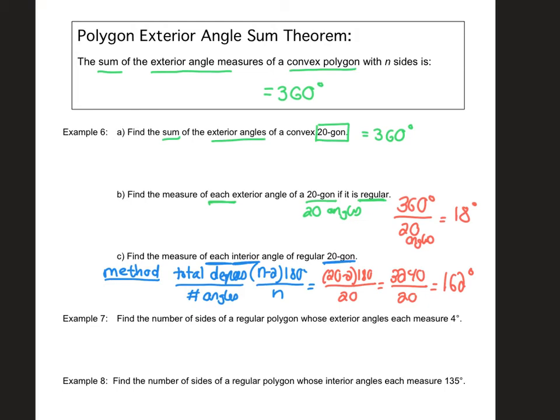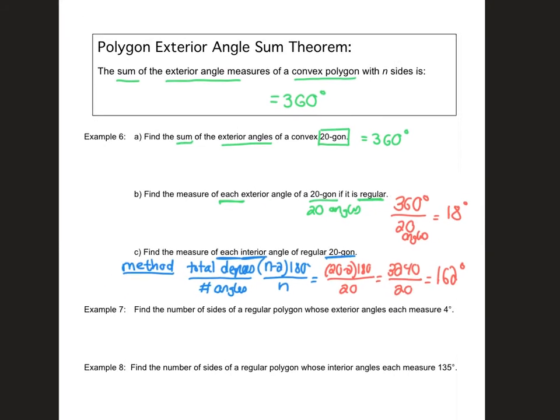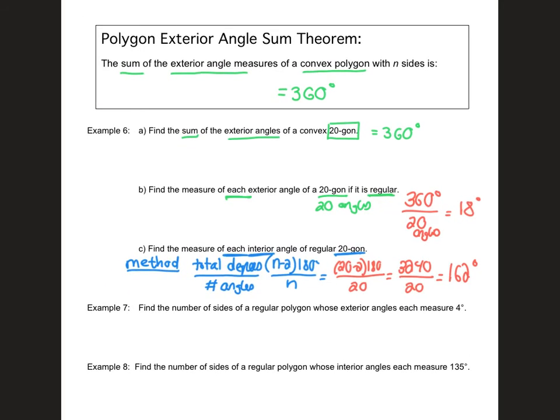Now, another follow-up method to finding the interior angles would be to remember that regardless of the number of sides, if we draw this polygon, and I'll just draw part of it. So let's just say I drew this part of the polygon. And an exterior angle is formed when you take one side and extend it past the other side. So we had previously found out that my exterior angle was 18 degrees.